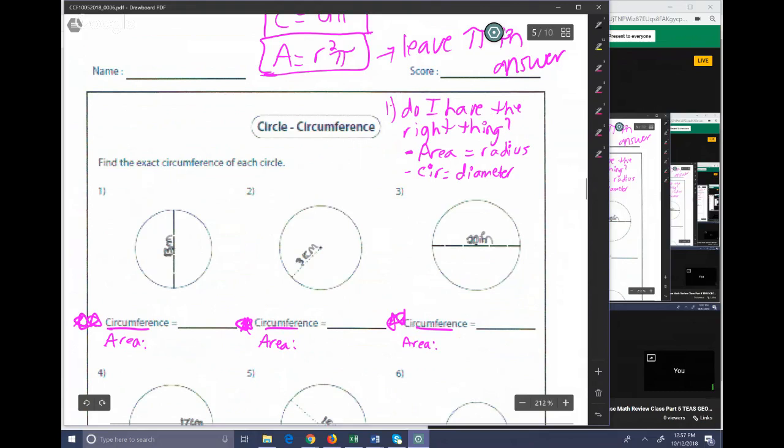So what I'm going to do is I'm just going to do them in order. So I'm going to always do circumference first, since that's what the first blank says. So if I look at number 1 and I'm trying to do a circumference, I need a diameter. I have a diameter, so I don't need to change the info that they've given me for this. So 13 is my diameter.